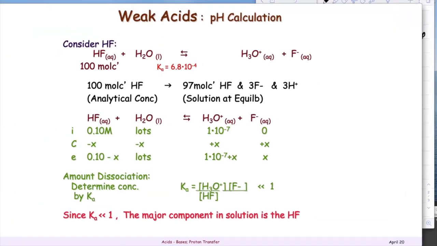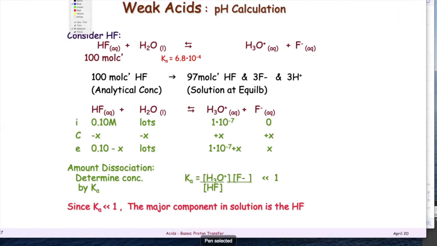This particular column is going to be neglected. And the reason why it's going to be neglected is because, remember, this is a liquid, so it never shows up in the mass action expression. Because it's in water, you can always assume that the hydronium is going to have an initial concentration of 1 times 10 to the minus 7. But again, we're going to ignore this because we're going to assume it's small.